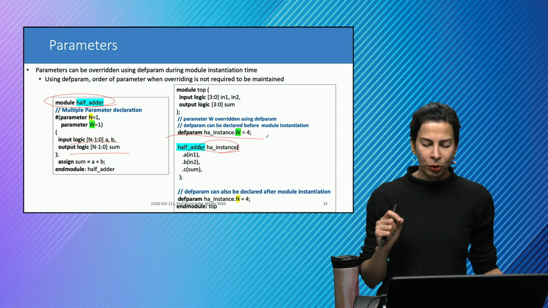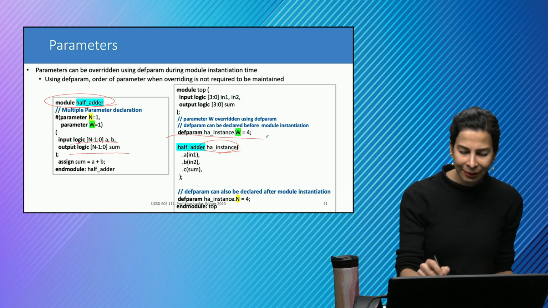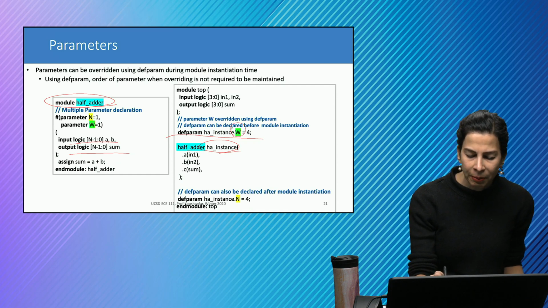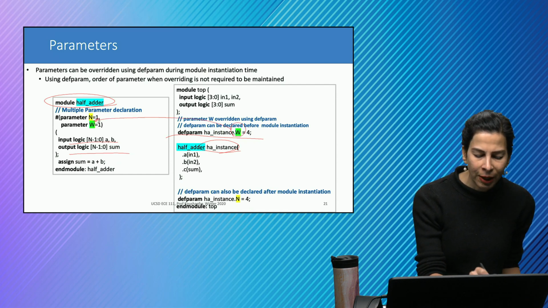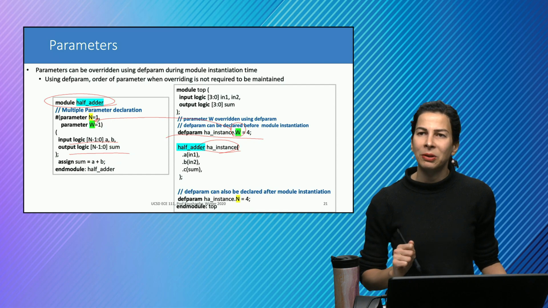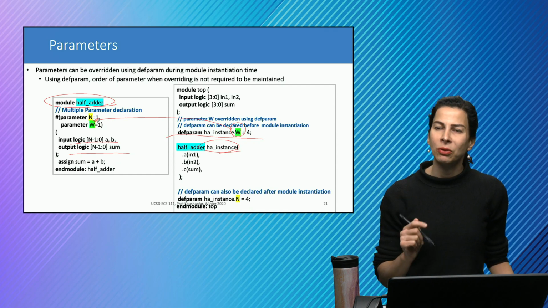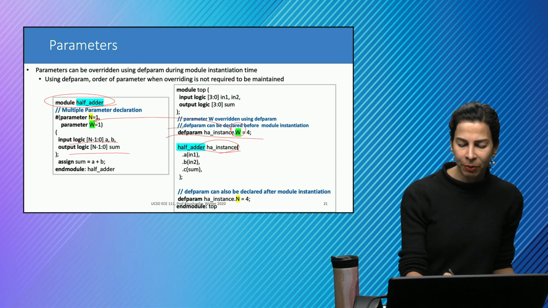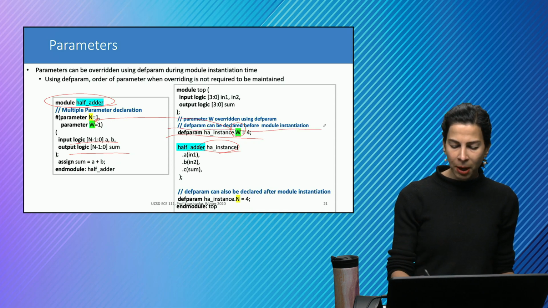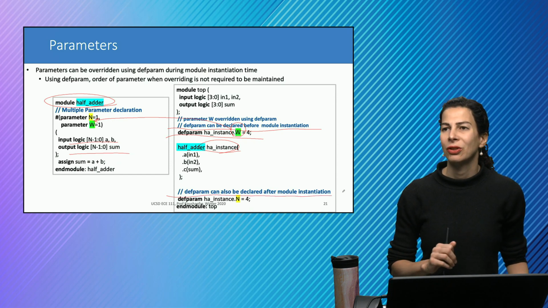HA_instance.W equal to 4. And this .W says that this parameter is going to redefine what was defined as a parameter in the submodule. The important thing to remember is that this defparam can be declared before module instantiation or after the module instantiation.